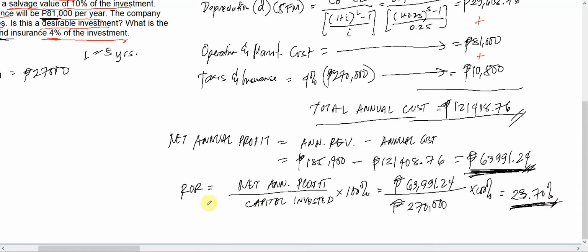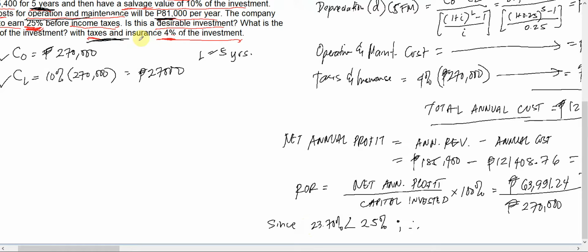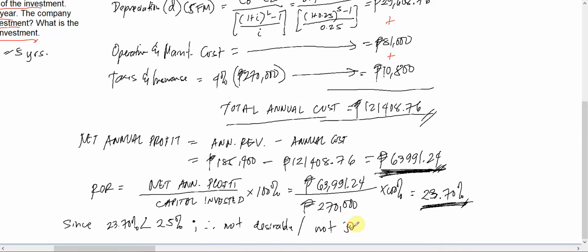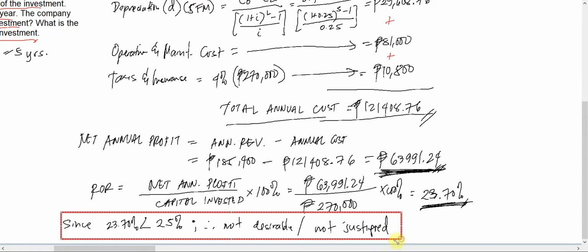So, ang pinaka-final answer natin: since rate of return of 23.70% is less than the desired rate of return na 25%, therefore, not desirable or not justified. Yan ang mga pwede nating ilagay sa final answer natin. So, yan na yung ibabox natin.